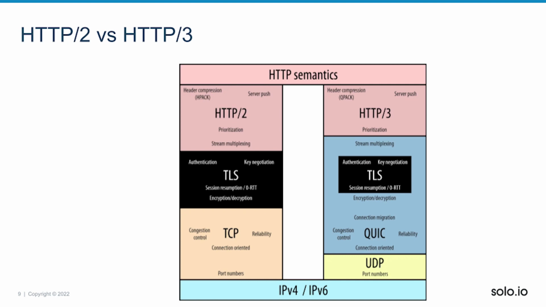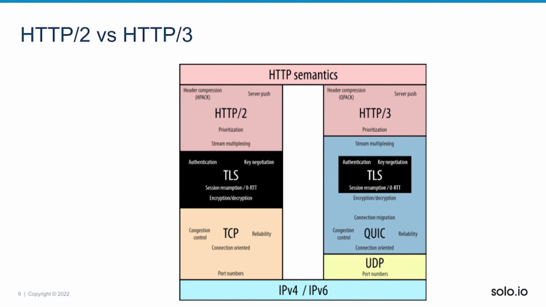Another really important thing, actually the biggest thing here, is that HTTP3 is based on top of UDP. This is pretty weird because, I mean, we know UDP for protocols that are flexible with packet loss. If you're streaming video or things like that, that's where UDP thrives.